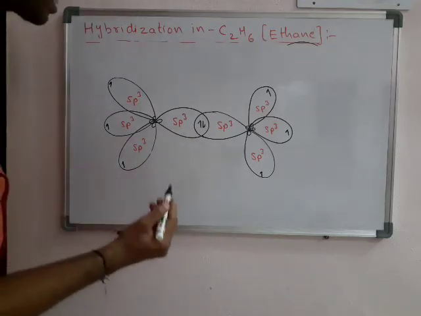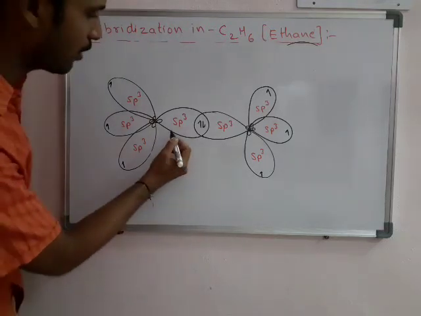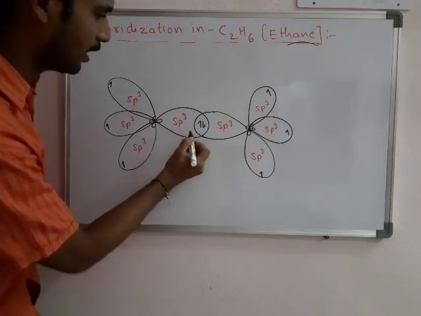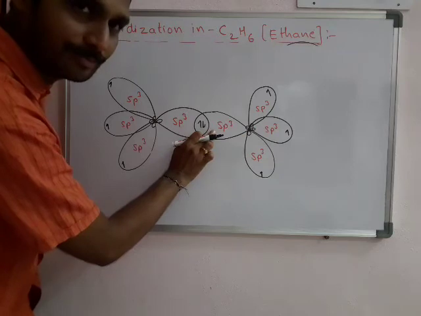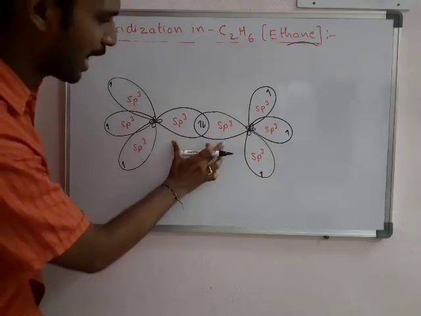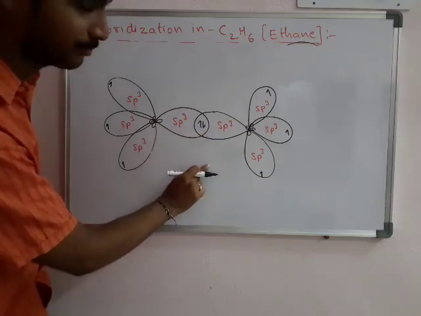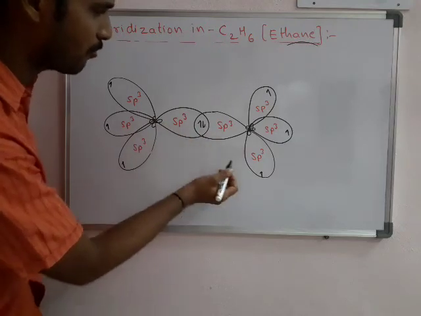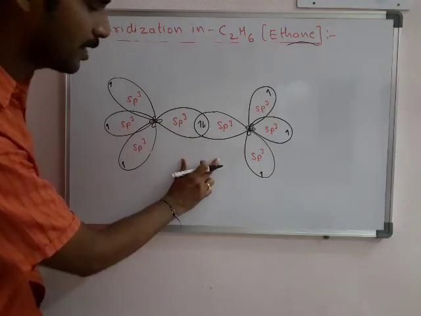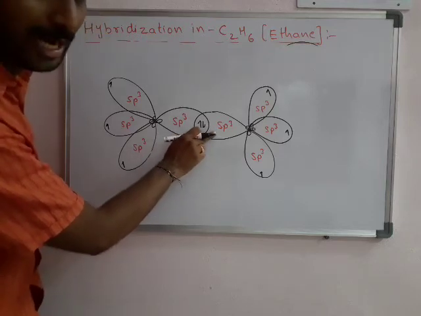The two carbons connect through straightwise overlapping of sp3 hybrid orbitals. So here the two carbon atoms form a sigma bond by sp3 overlapping.